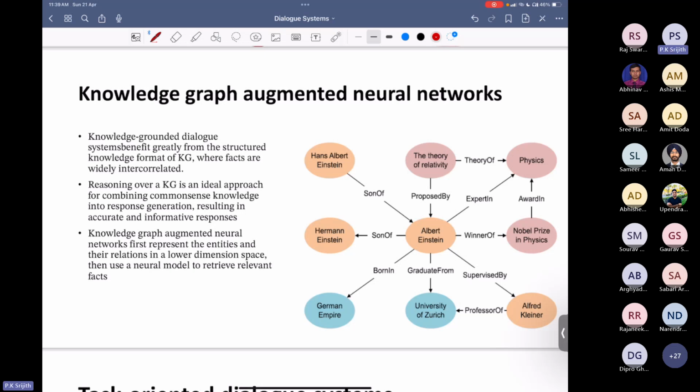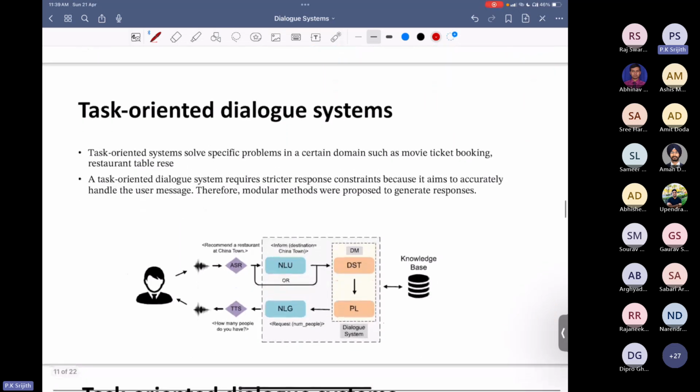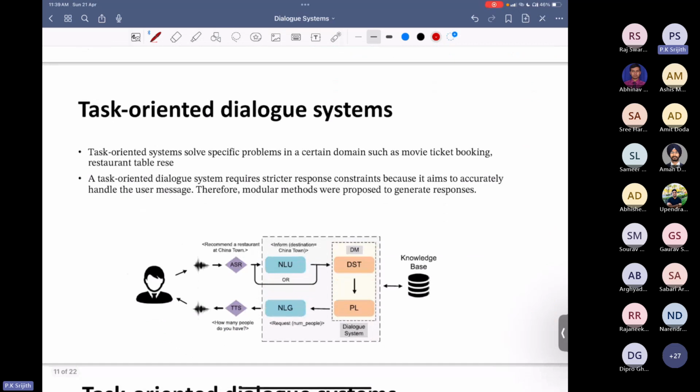Okay, so what we do now is look at the typical system architecture, not the deep learning architecture, that is followed by task-oriented dialog systems.